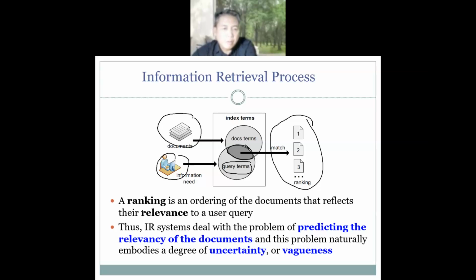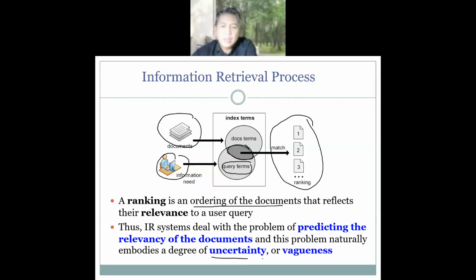Okay, so a ranking is an ordering of the documents that reflects how relevant they are with respect to the user query. So always we are looking at some score here. The whole idea of IR is that we are always dealing with the problem of predicting the relevancy of the document, and this problem naturally embodies a degree of uncertainty and vagueness.